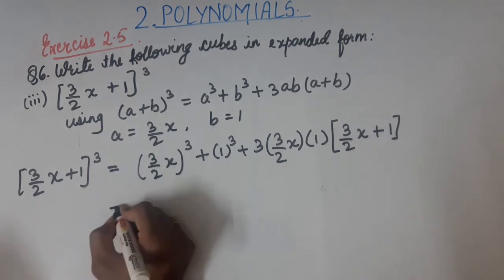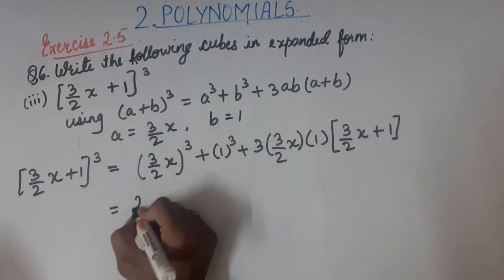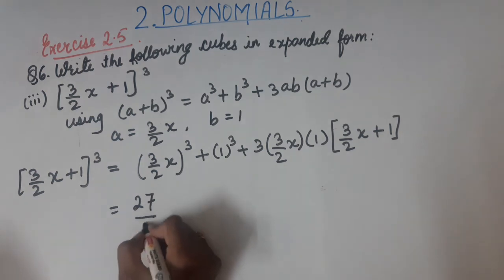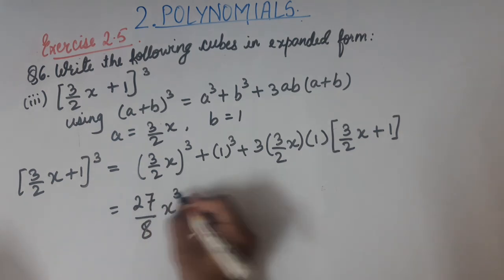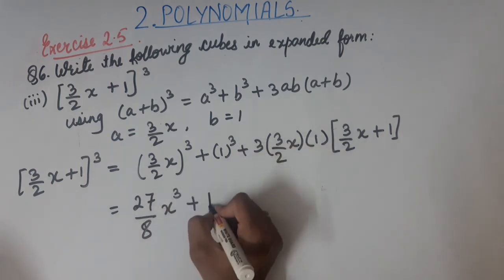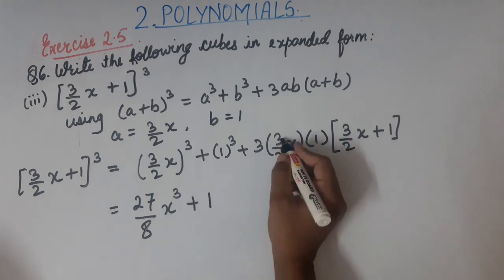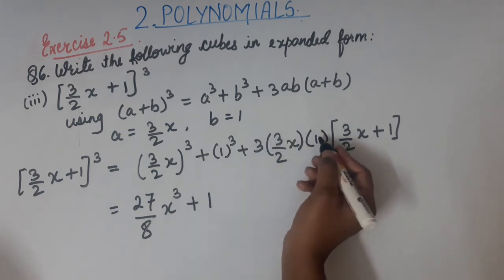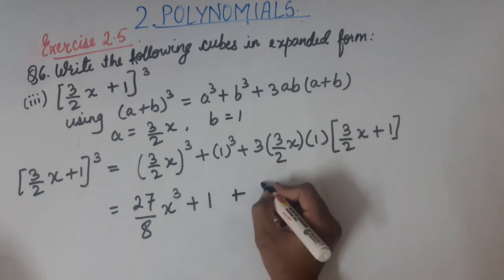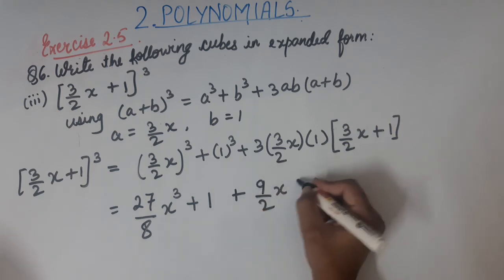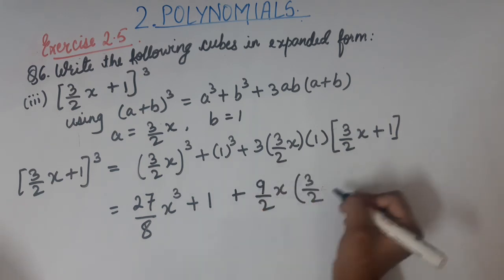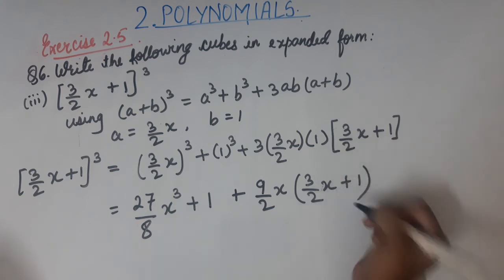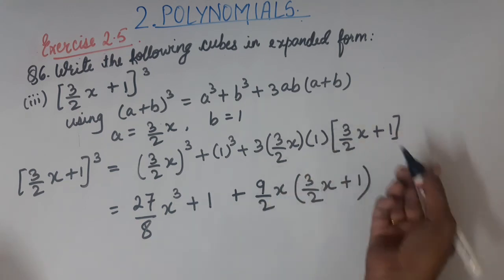Now solve this. You will have 3 cube is 27 upon 2 cube is 8 into x cube, plus 1 cube is 1. 3 into 3 is 9, so 9 by 2x into 1: you will have 9/2 x into (3/2 x + 1). Now multiply that 9/2 x inside the bracket.